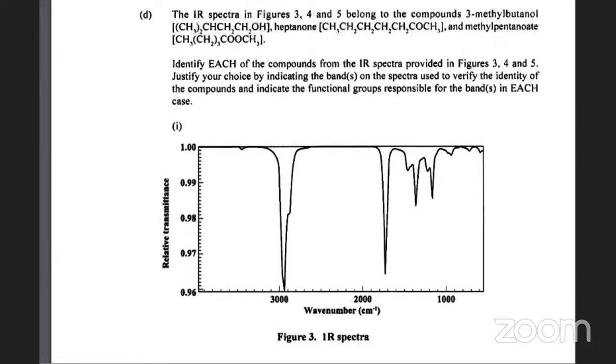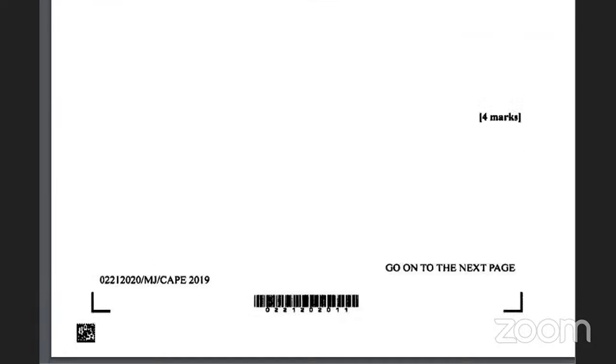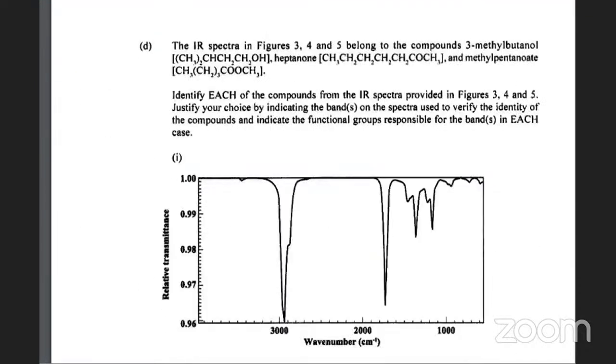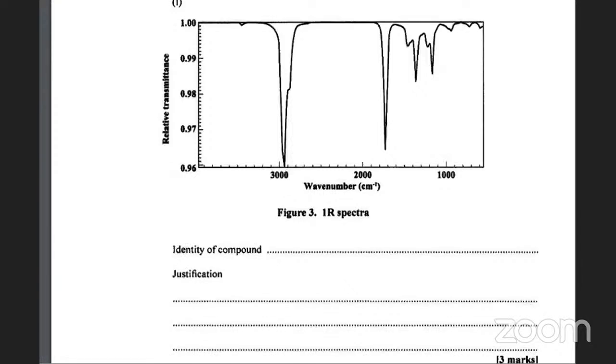But even without the booklet, this is what we are going to do. We'll be able to identify alcohol, carboxylic acid, ester, and the carbonyl group.